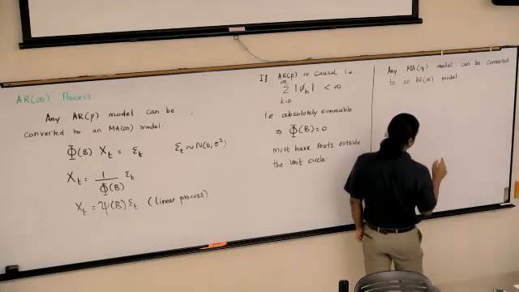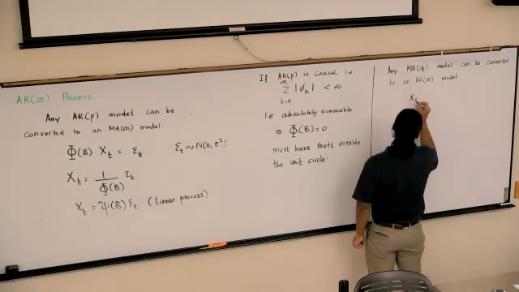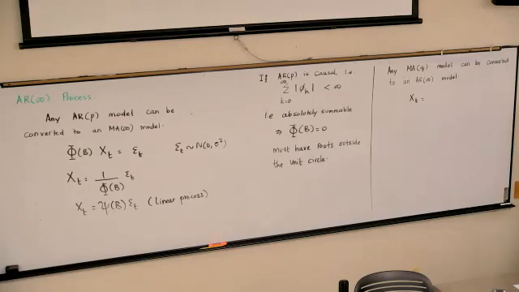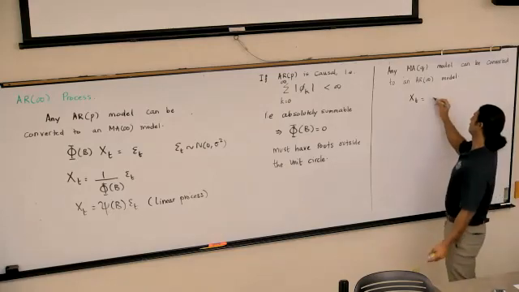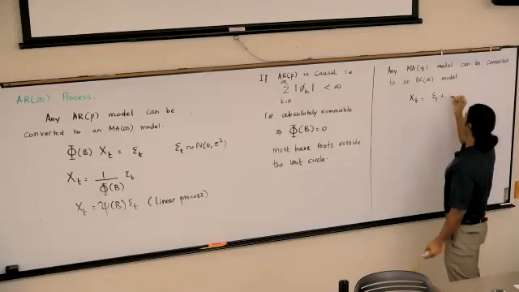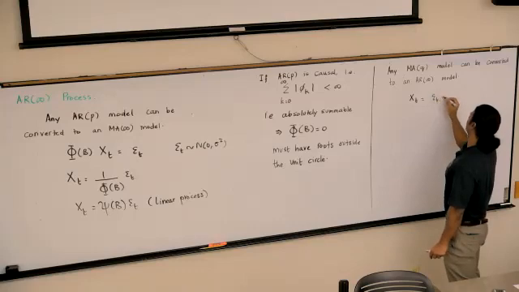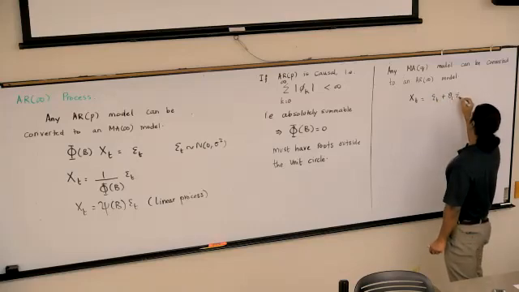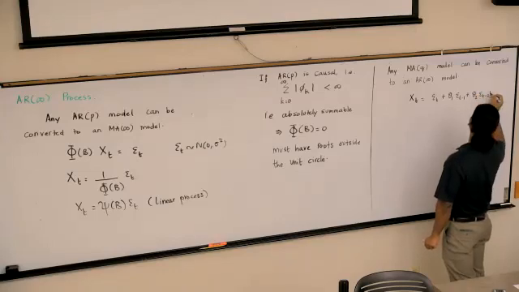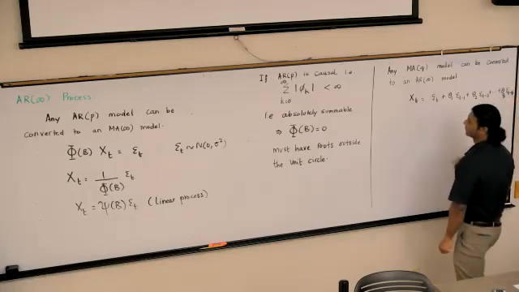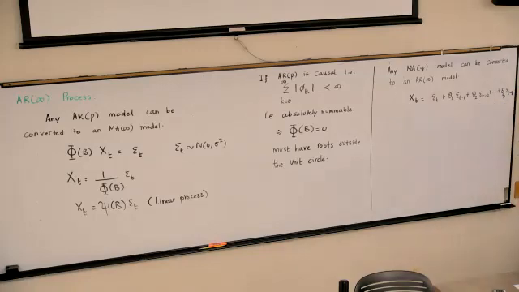So what do we mean by that? Well, a typical MA(q) model would have epsilon_t plus theta_1 epsilon_{t-1} plus theta_2 epsilon_{t-2}, up to theta_q epsilon_{t-q}.